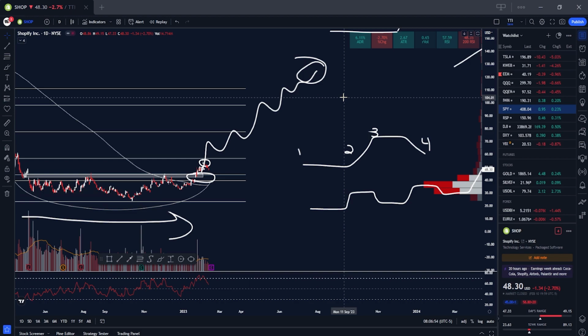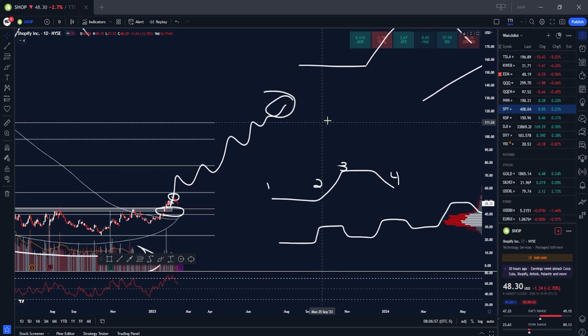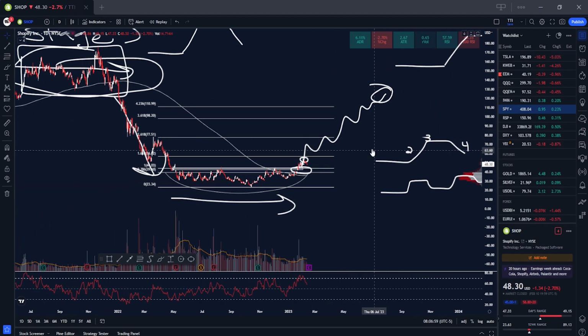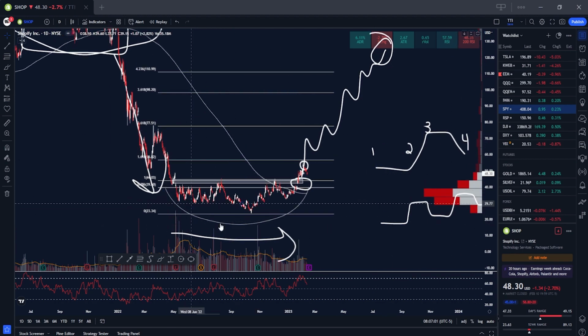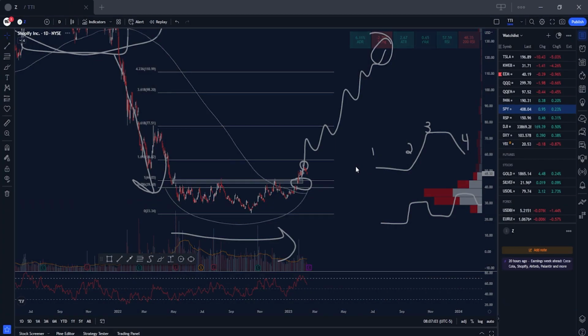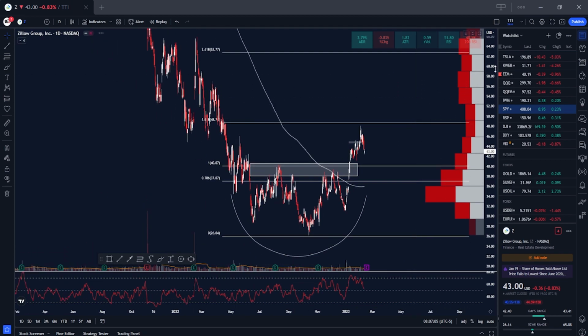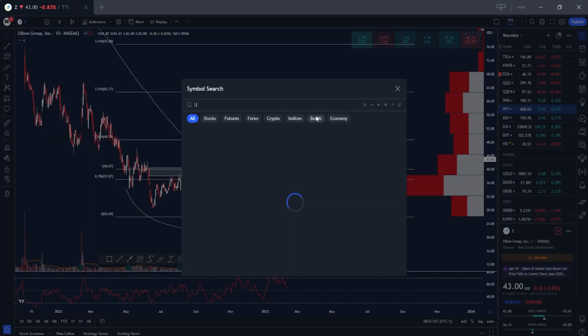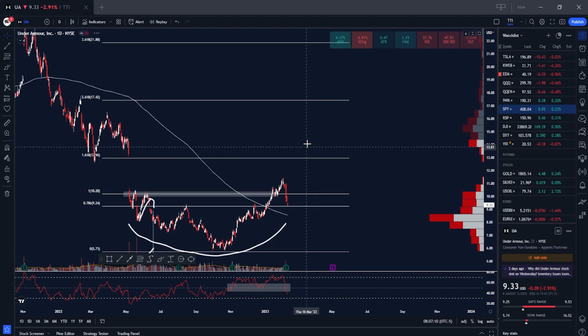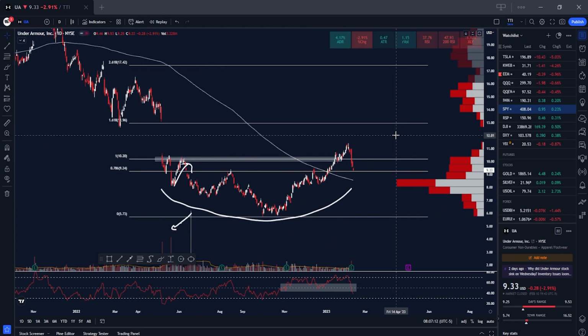Okay, so this is a great, really quick overview of this concept of the Wyckoff market model. You're going to see on social media lots of stage 2 breakouts. This is what they mean, the stage 2 breakouts. You have Shopify, you have Zillow. Those are two positions that we are in. They don't always work. For example, Under Armour is one that was coming out of a stage 2 breakout that obviously failed.